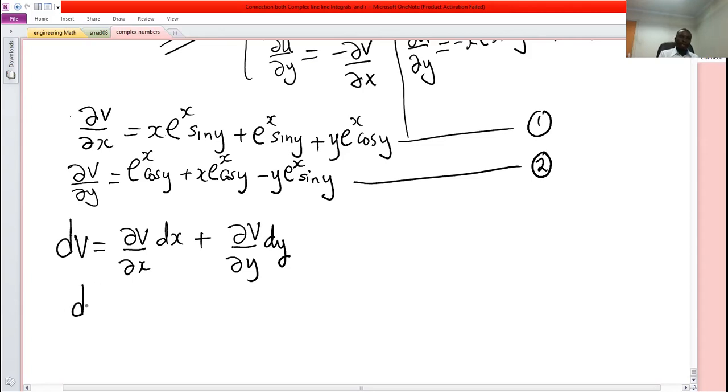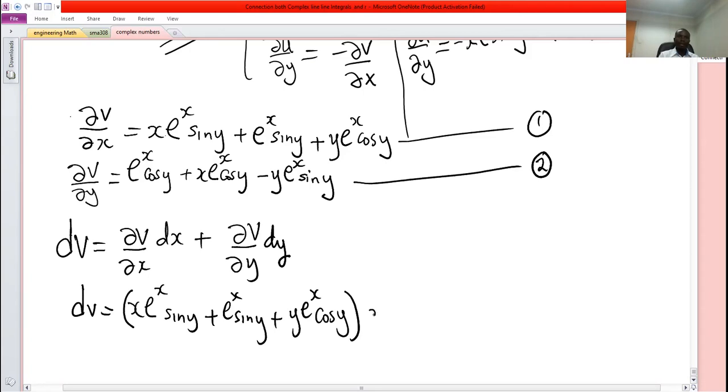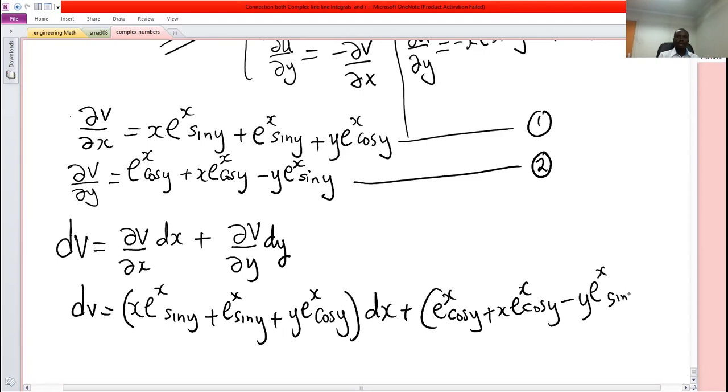So dv equals x e raised to the power x sin y plus e raised to the power x sin y plus y e raised to the power x cos y, and then dx, plus e raised to the power x cos y plus x e raised to the power x cos y minus y e raised to the power x sin y, and then dy. Let's call this equation 3.